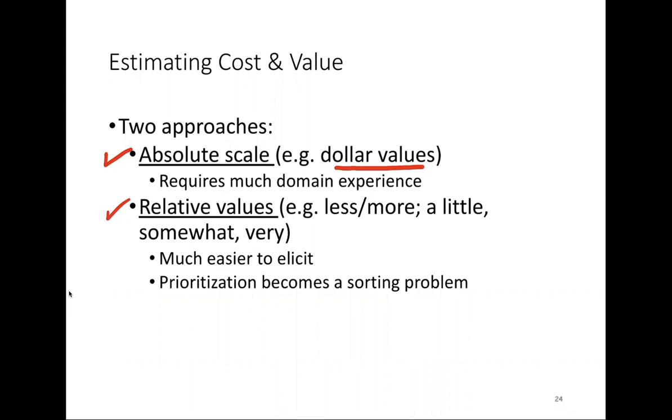At this point, we're looking for ranges. It could be less than, more than, a little bit of a value, or it might vary somewhat. So there's a little bit of uncertainty about it, but it gives you an idea about the priority level of each requirement. The relative values are a successful way of estimating the cost and value of each requirement because it is much easier to elicit.